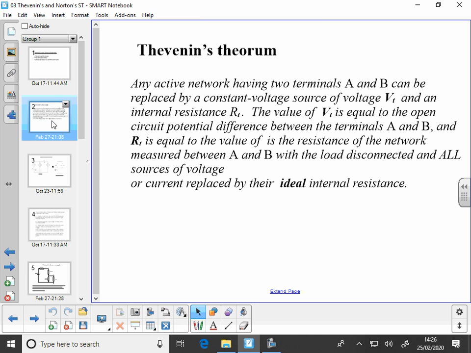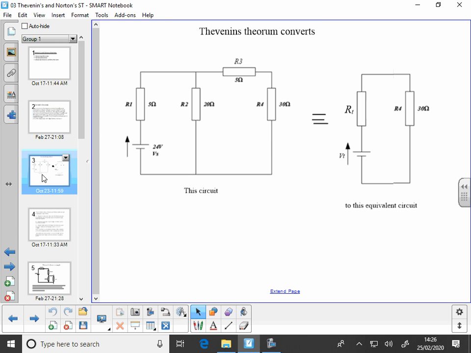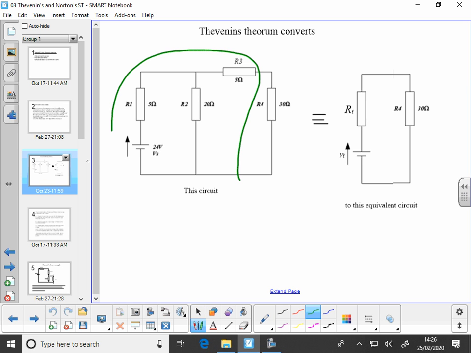So, what Thevenin's theorem does is take a circuit like the one on the left, with the 30 ohm resistor of interest, or what we often call the load resistor, then you can actually turn the rest of that circuit, using Thevenin's theorem, into that, with the 30 ohm resistor added on at the end as the output resistor, the load resistor.